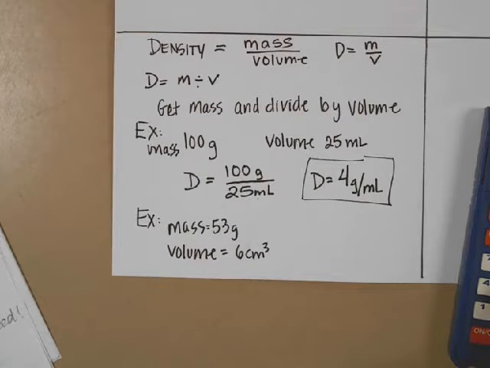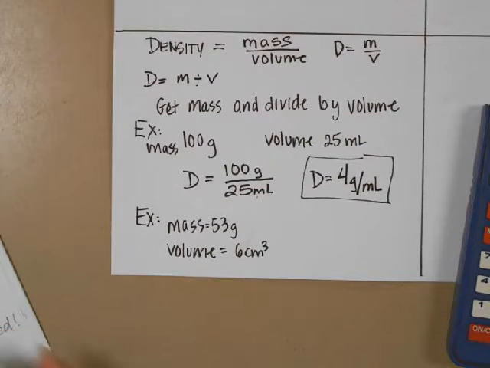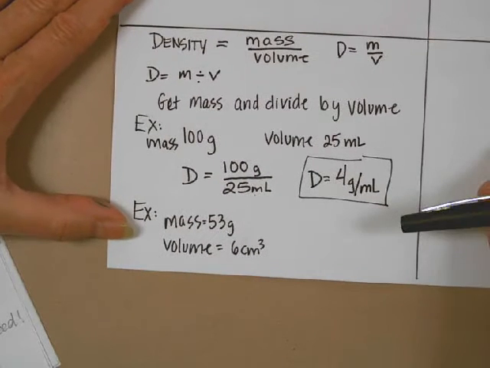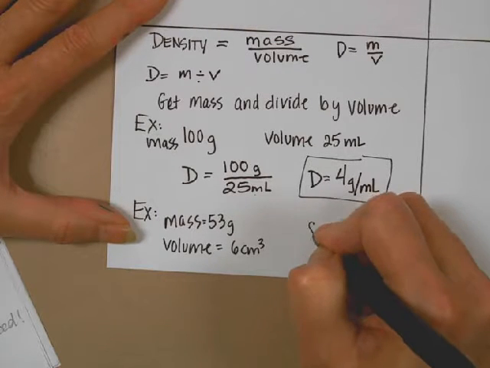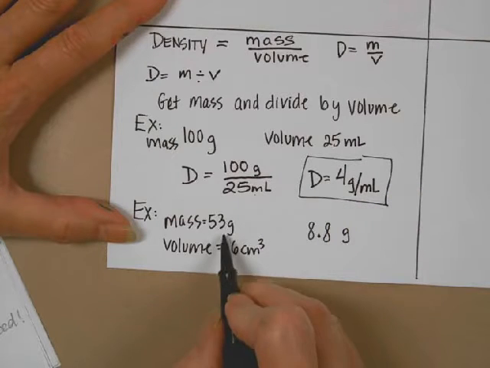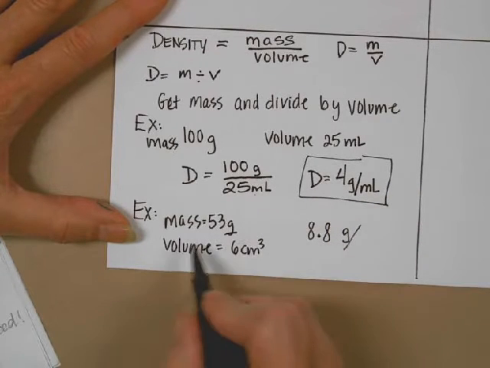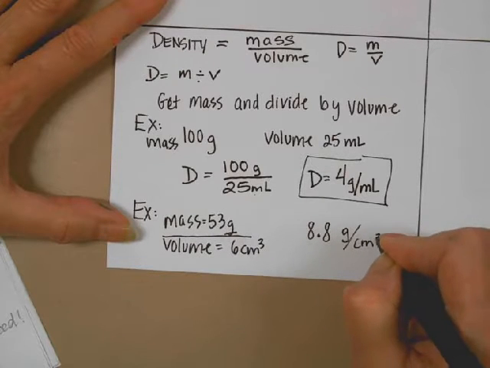So we have 53 divided by 6, that equals 8.833333. So let's say they said round to the nearest tenth. That would be the number after the decimal. So I would say 8.8 grams for my mass over, because we had to divide, right? Centimeters cubed.